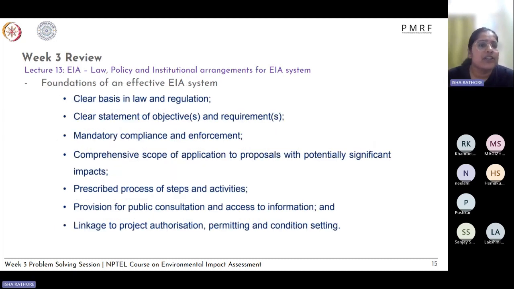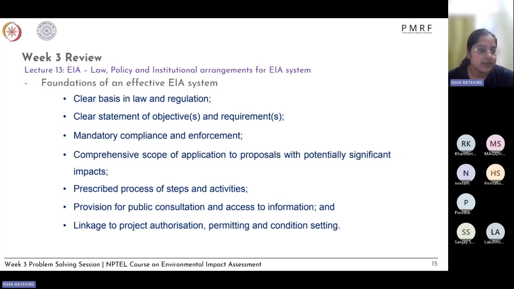So we also looked at foundations of an effective EIS system. An effective EIS system is one which gives you a clear basis in law and regulation. So everything is spelled out legally and correctly: that this is the requirement, and this is what needs to be measured, both in quantitative and qualitative terms. It's been stated clearly in law and regulation. There's a clear statement of objective and requirements.